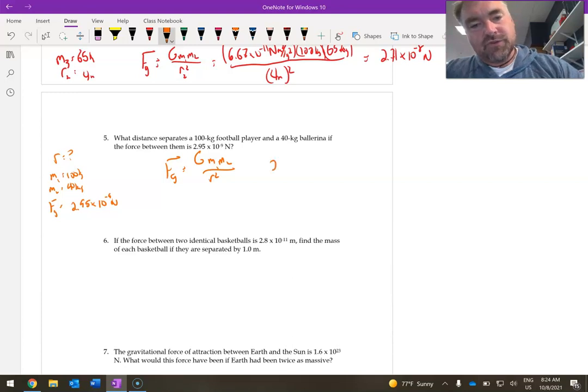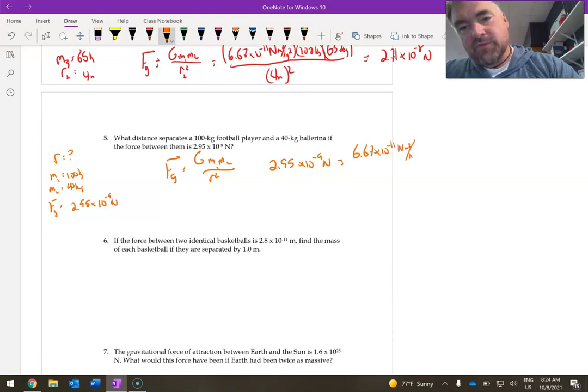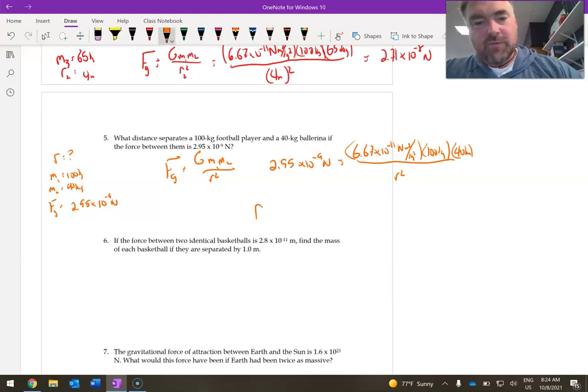So you know the force, 2.95 times 10 to the negative 9th newtons, equals 6.67 times 10 to the negative 11th newton meters squared over kilograms squared, times M1, which is 100 kilograms, times the 40 kilograms, divided by my R squared. So again, we cross multiply, and R is going to come out to be 9.51 meters.